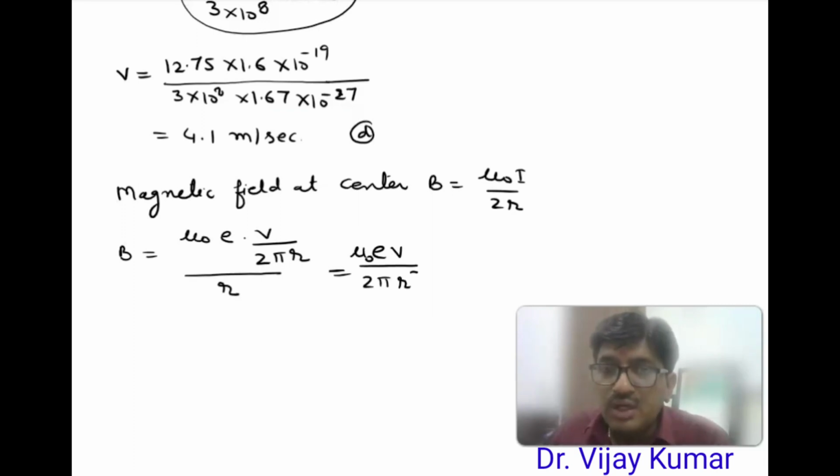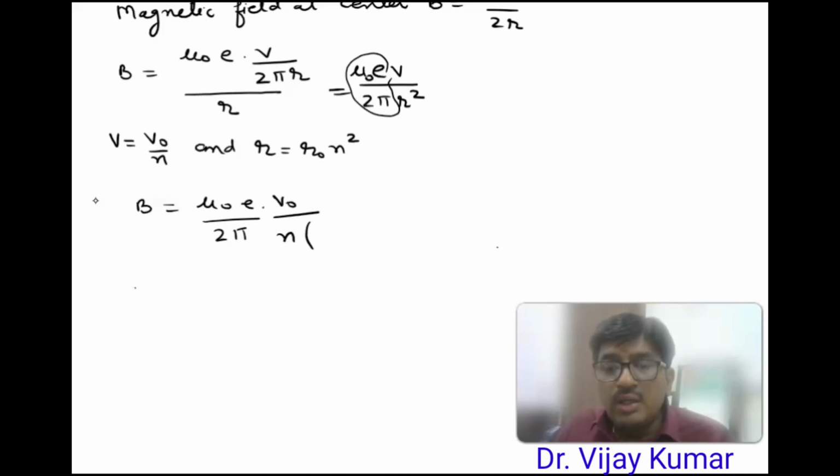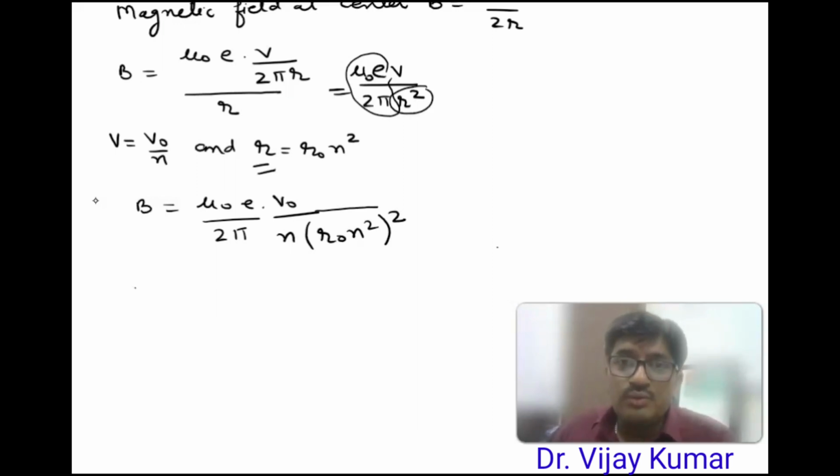This is the magnetic field at the center. Then B is equal to mu naught E upon 2 pi, V naught upon n, divided by R naught n square, whole square. We have put the value of R in this term and the value of V in this term.